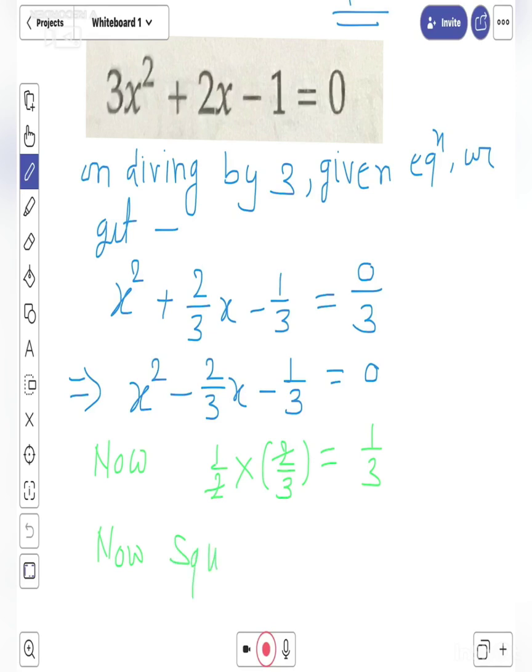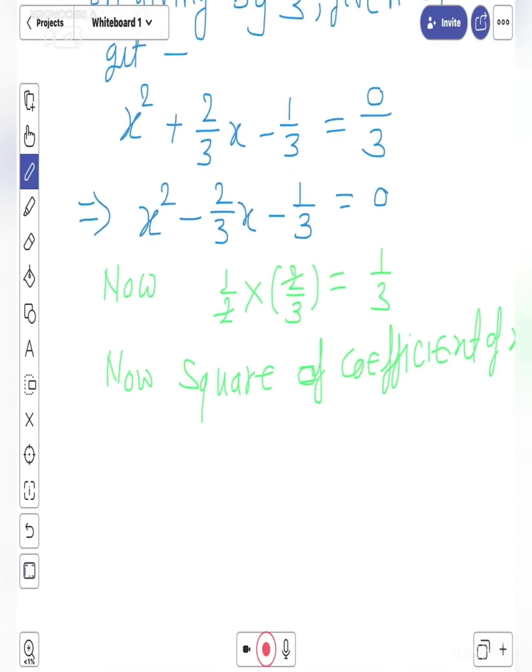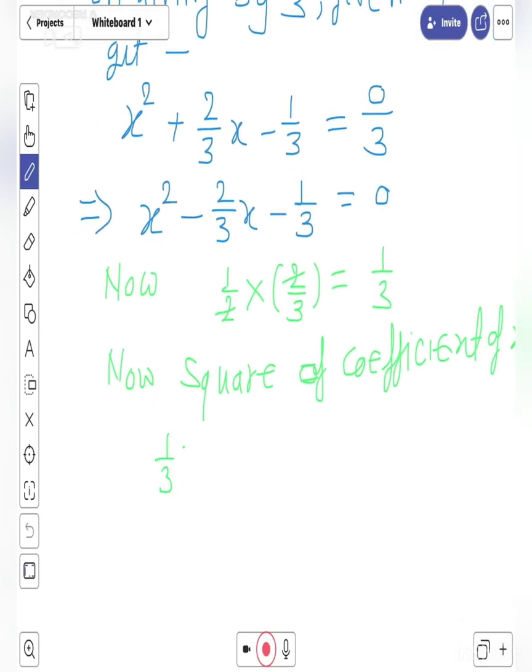Now the square of the coefficient of x, what is it?